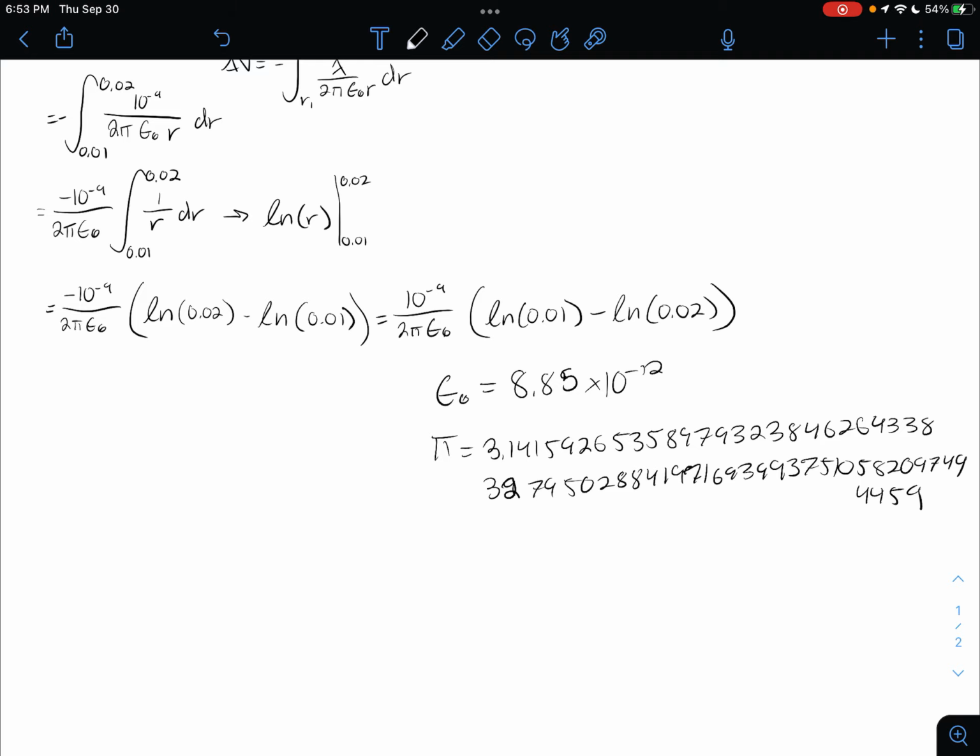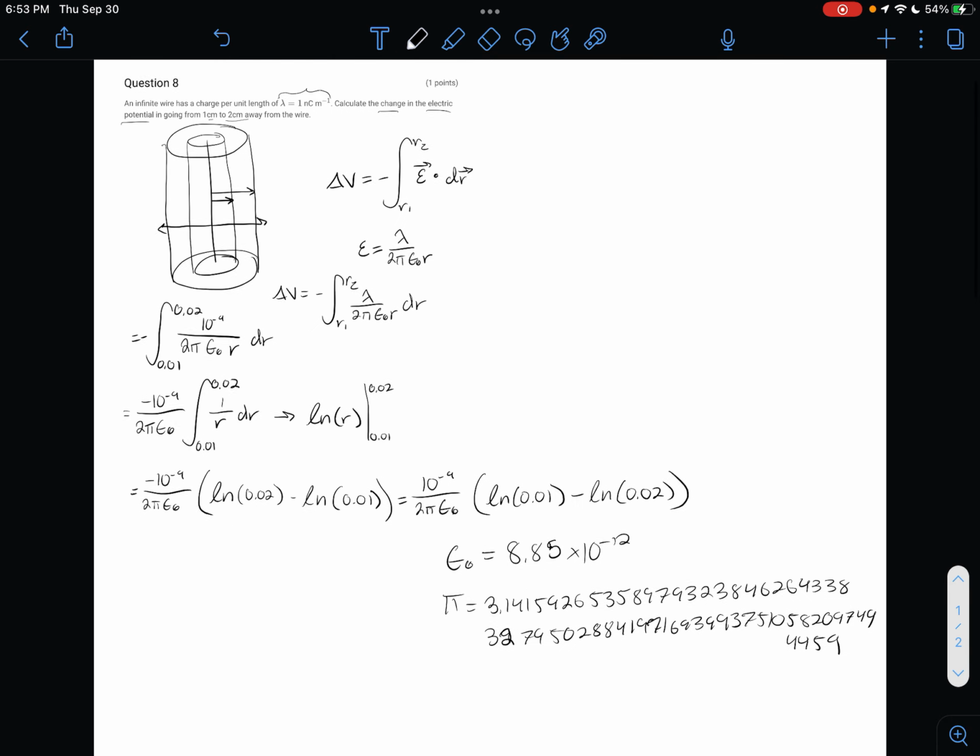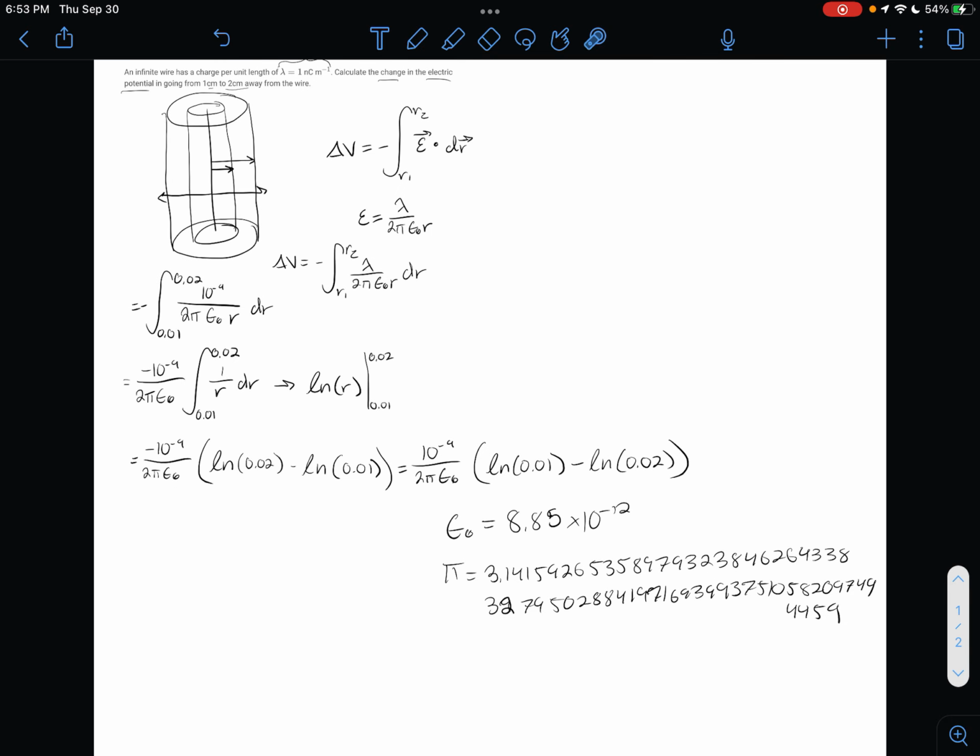I think I rounded in there somewhere. But anyways, you're going to plug all that into your calculator, and that's going to give you your answer, because that's just the integral solving for that delta V.